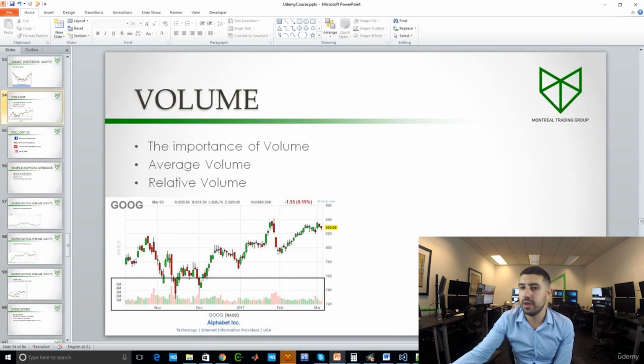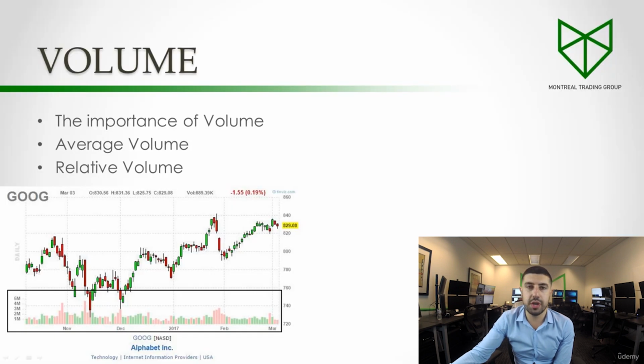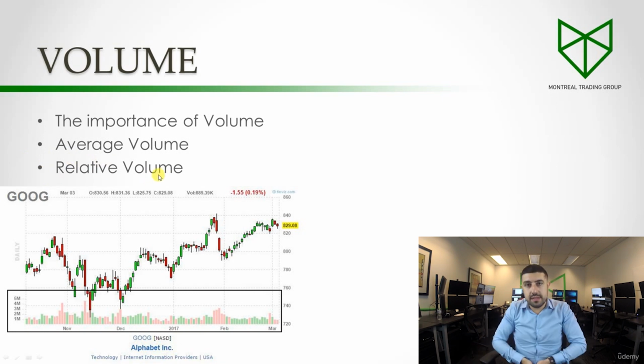Relative volume, okay? Write it down, put it on a piece of paper, draw it on your wall, tattoo it on yourself, whatever you have to do, but you're going to have to look at relative volume all the time on anything that you trade, okay? Anything. Relative volume is comparing the volume that a stock did to itself.